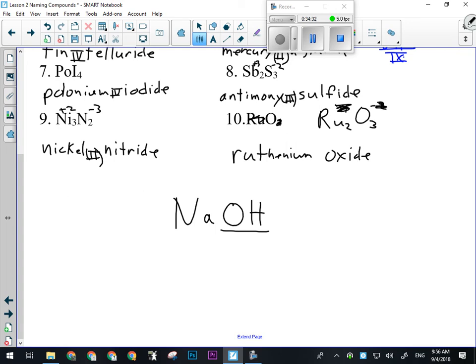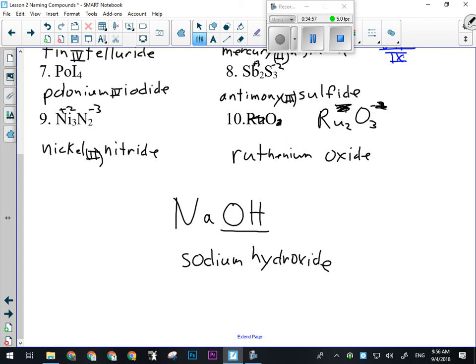I name this compound like I would any other ionic compound. I name the positively charged ion first and the negatively charged ion last. So this stuff is going to be sodium hydroxide.